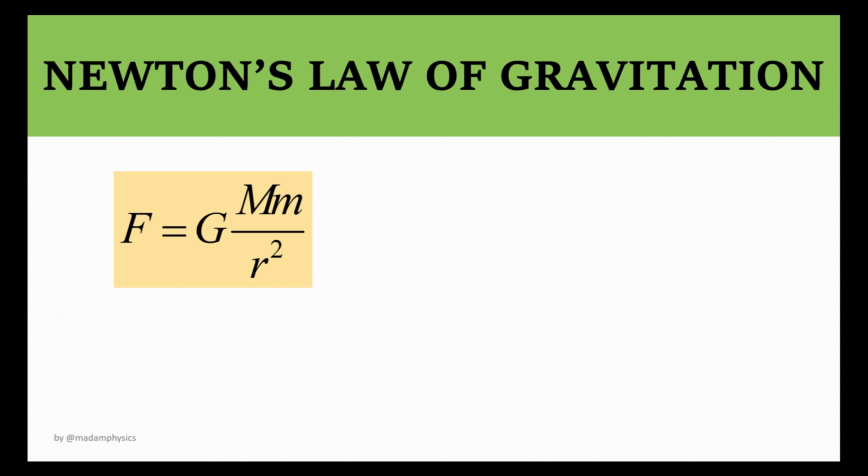Since we already know the mathematical relation in Newton's law of gravitation, what do you think will happen to the magnitude of force if one of the objects increases its mass? Or maybe the distance between the two objects is changing. Will it affect the magnitude of force? Since force is directly proportional to the product of two masses and inversely proportional to the square of the distance between them, if the mass of any object increases, the gravitational force will have more magnitude.